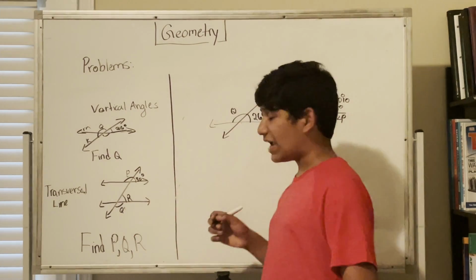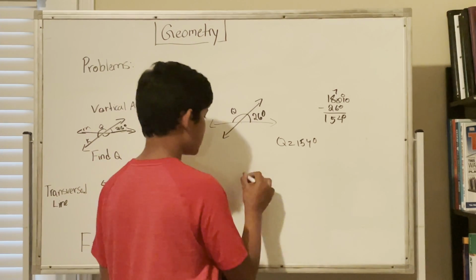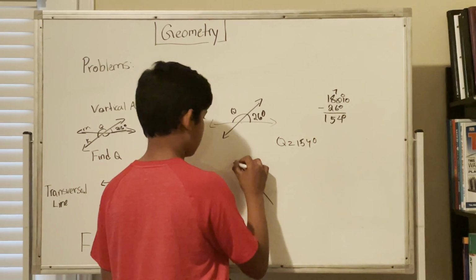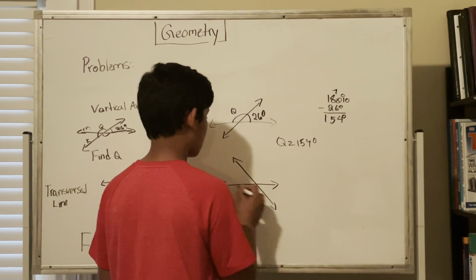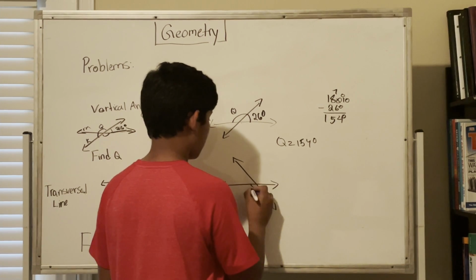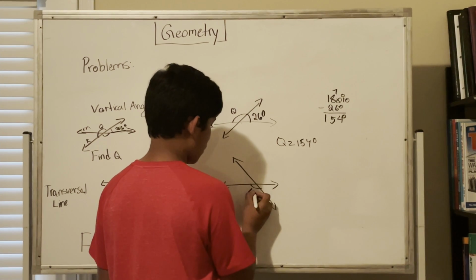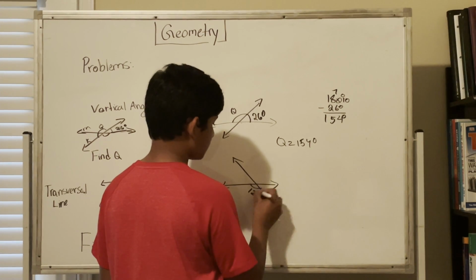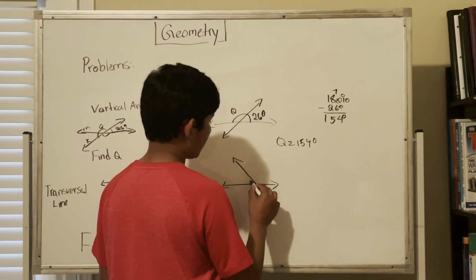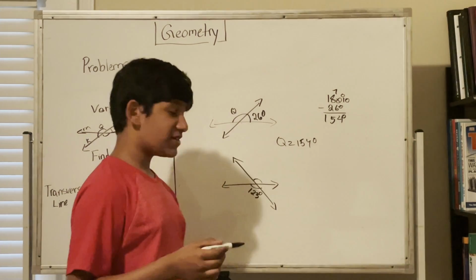Let's have a slight variation on this problem. We have a line going like this, with 123 degrees, and we're trying to find this angle over here. Well, this is pretty straightforward.